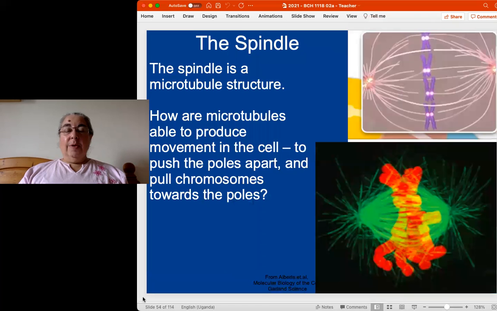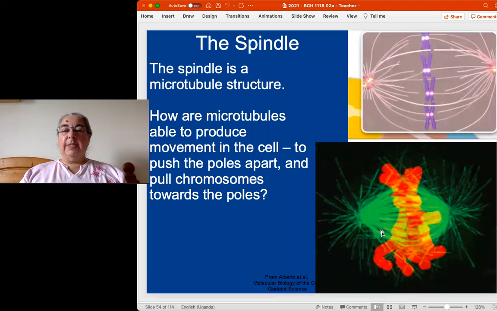Okay, so the last thing I want to cover in this lecture is to talk about the details of the spindle. I've been talking a lot about what the spindle does, but how does it do it? Well, the spindle is a structure made of microtubules. So how are microtubules able to move things around in the cell?